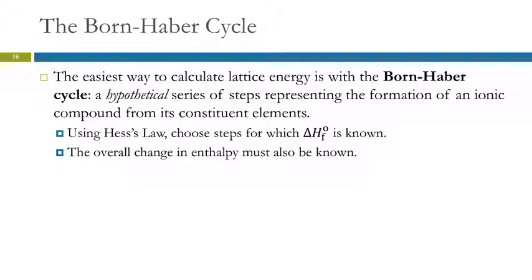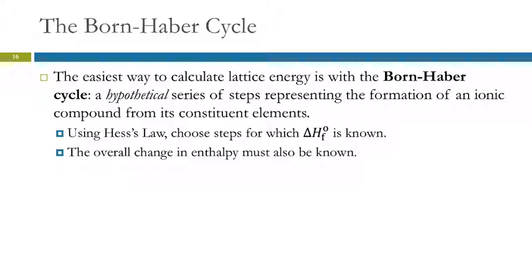So this brings us to an idea called a Born-Haber cycle. It's named after a couple of scientists, and this is the easiest way to calculate lattice energy. A Born-Haber cycle is a hypothetical series of steps representing the formation of an ionic compound from elements. And this makes use of Hess's law.